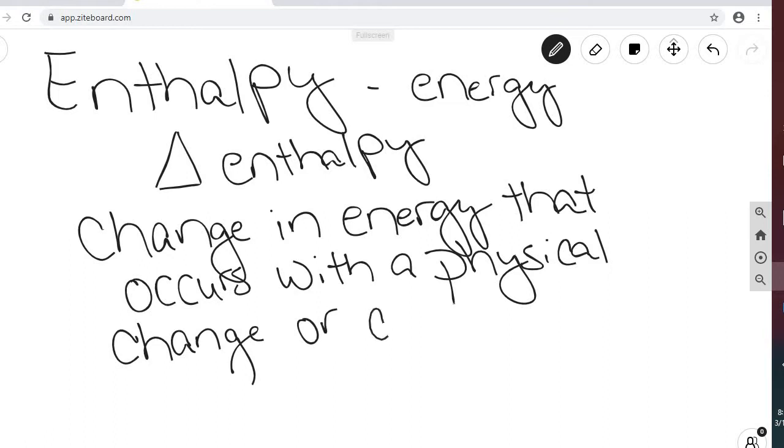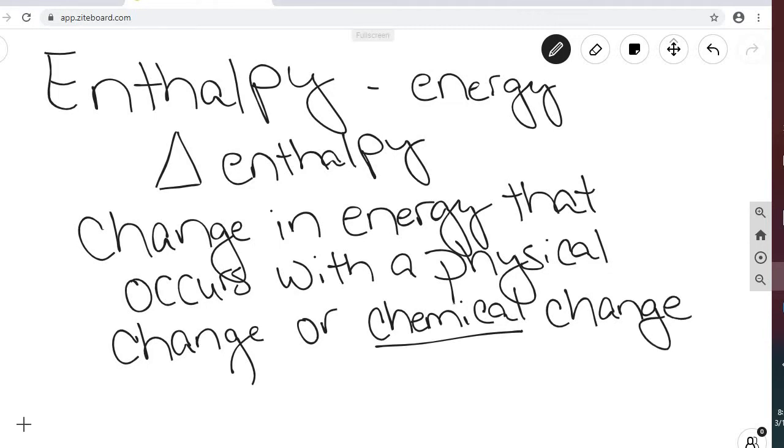Of course, we're going to mainly be talking about enthalpy with regard to chemical changes, and how energy changes within a chemical reaction. The symbol that is used for the change in enthalpy is delta H. So delta H stands for the change in enthalpy.